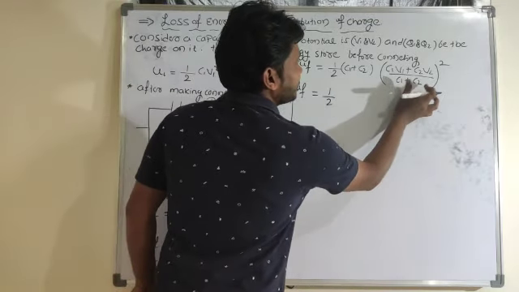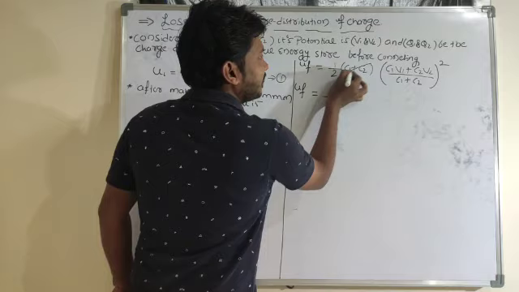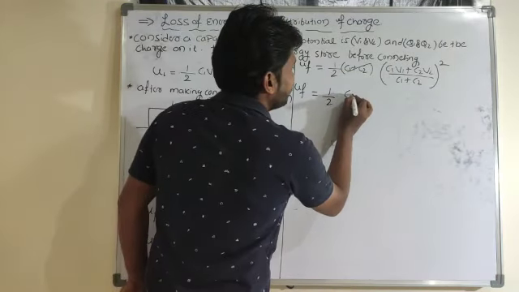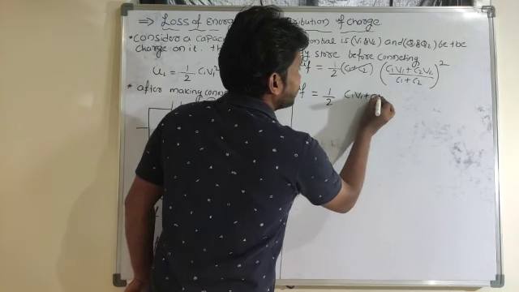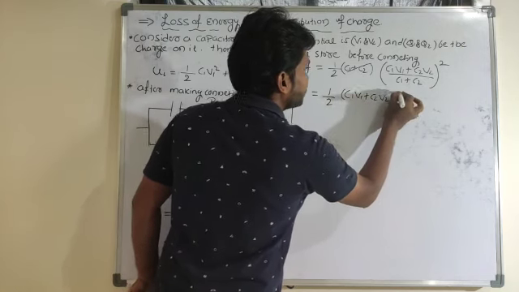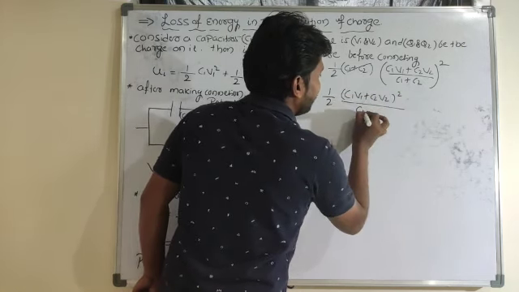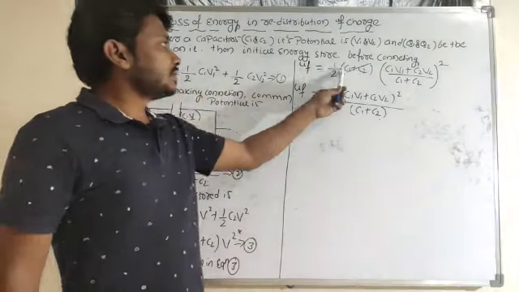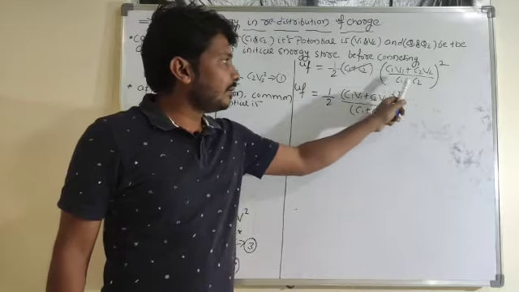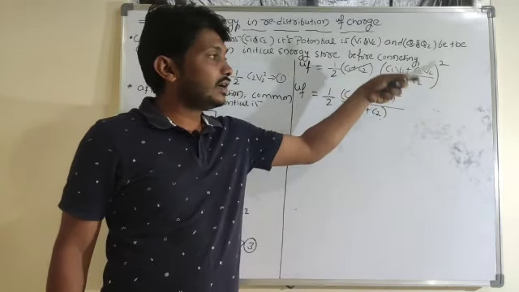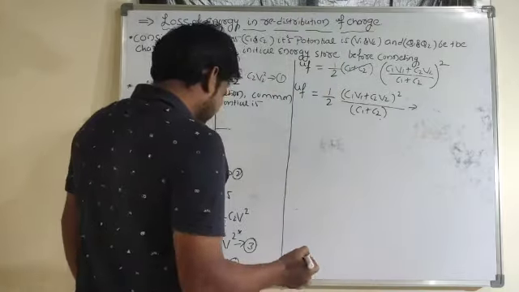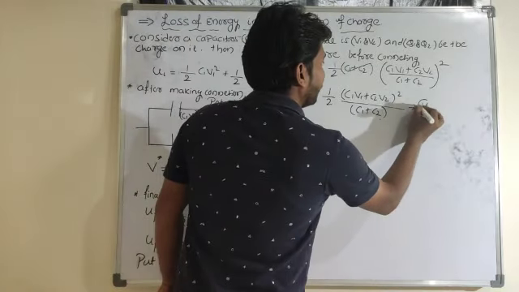Half of (C1 plus C2) whole square. So C1 plus C2 is there. Hope you are understanding here. So C1 plus C2 term is there in the numerator, and in the denominator (C1 plus C2) whole square, so one term will get cancelled out here. So U_f is equal to half of (C1 V1 plus C2 V2) whole square divided by (C1 plus C2). I will take this as equation 4 here.